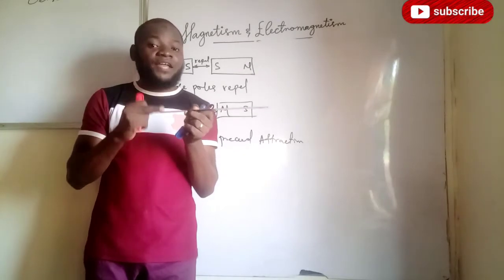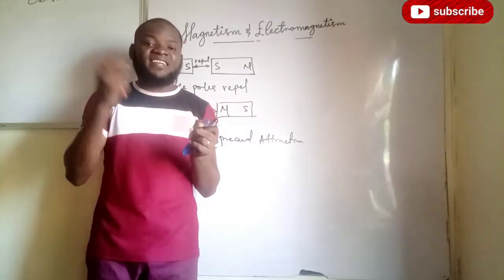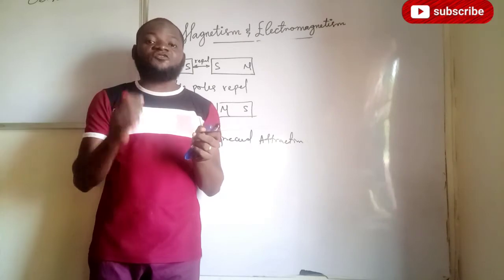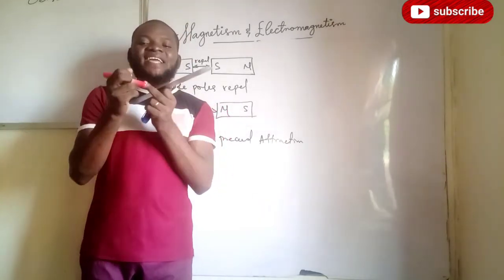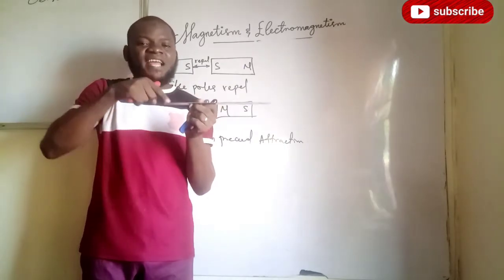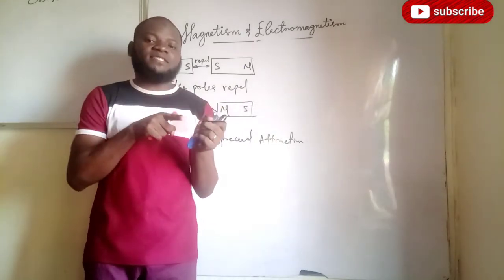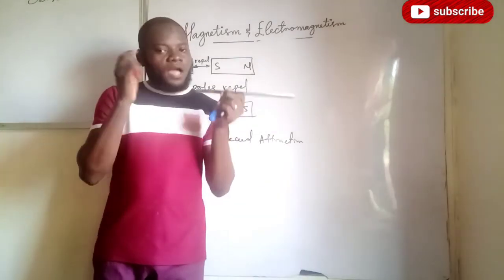Automatically, repulsion cannot happen. What will happen between a magnet and a magnetic substance is attraction. And this attraction can only take place by this magnet inducing an opposite pole on this particular substance.